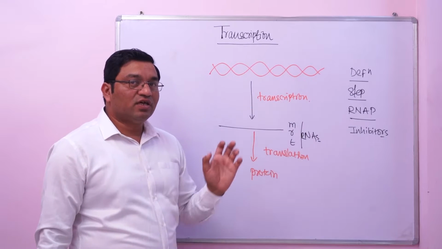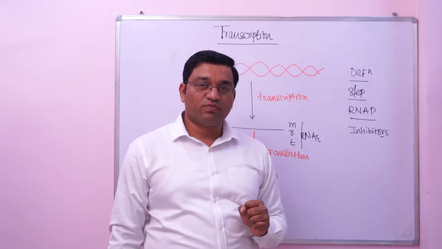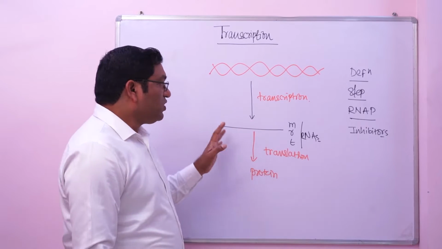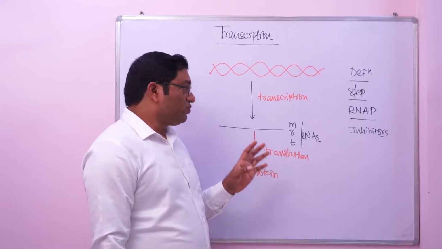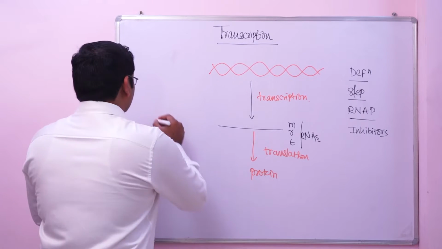Now, what are the steps in the transcription process? There is initiation, elongation and termination in both prokaryotic and eukaryotic transcription process. There are a number of terminologies used in the transcription process, and we'll see that. So first one is the promoter region.